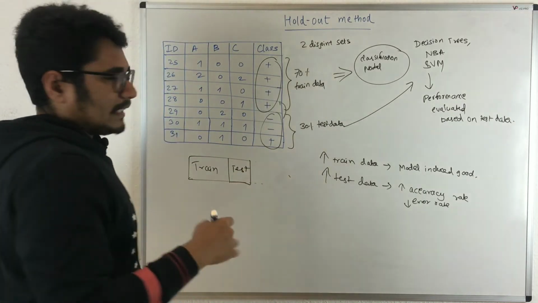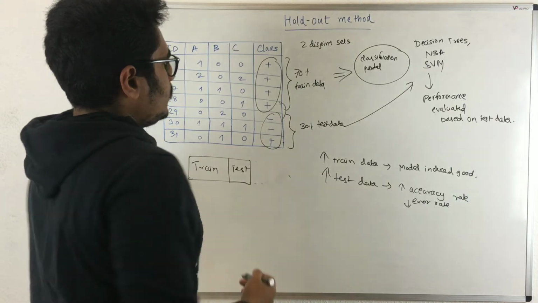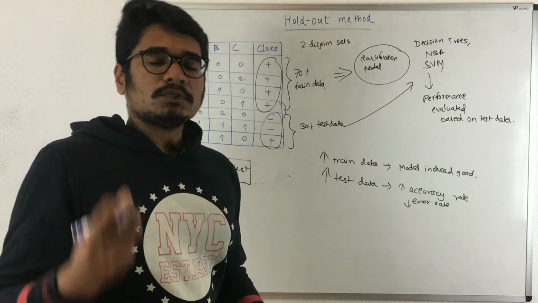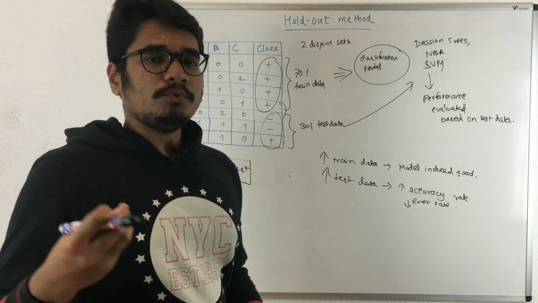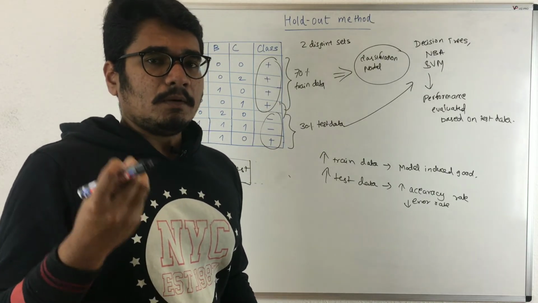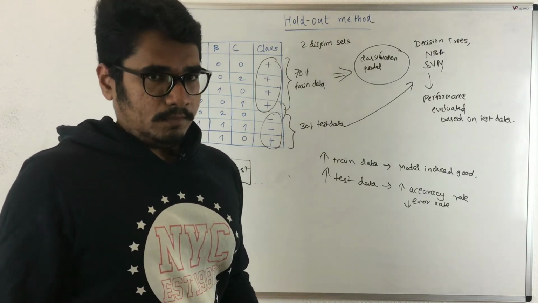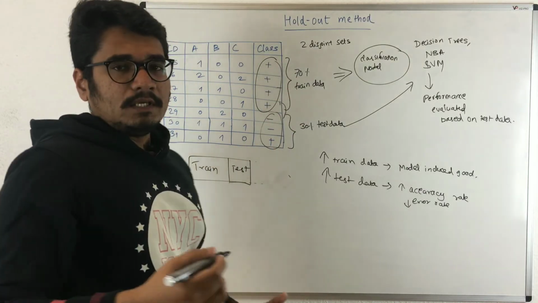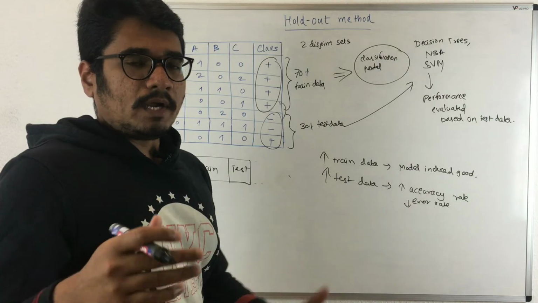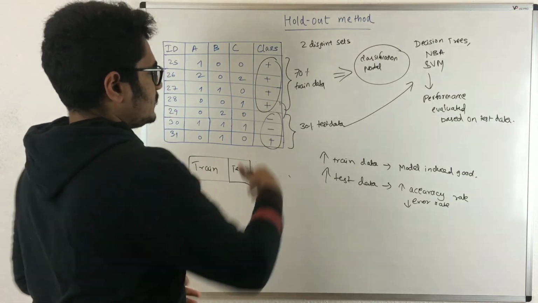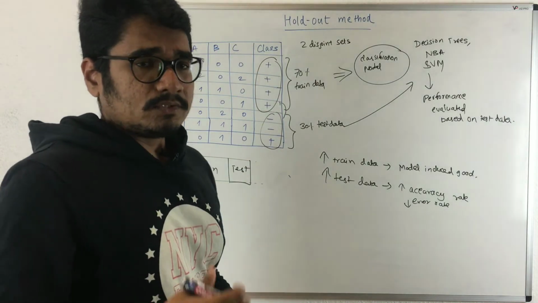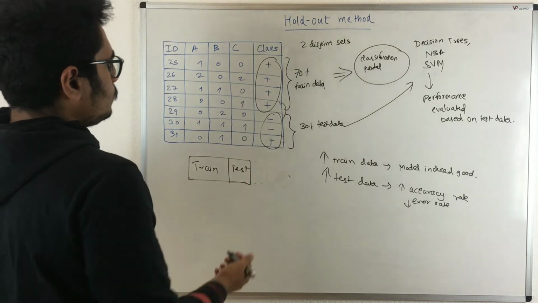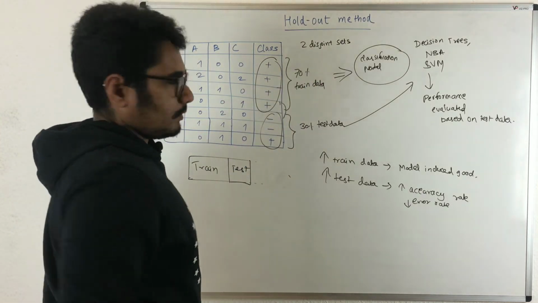So if you create a model which only sees the positive instances or the positive class, and it does not see the negative instances, then how can you say that the model created is a very good model? That is the main disadvantage. That's because we proportion it unevenly. So the proportion of this data set is done in an uneven way. That is the main cause of this. In order to overcome that, we do the stratification process.